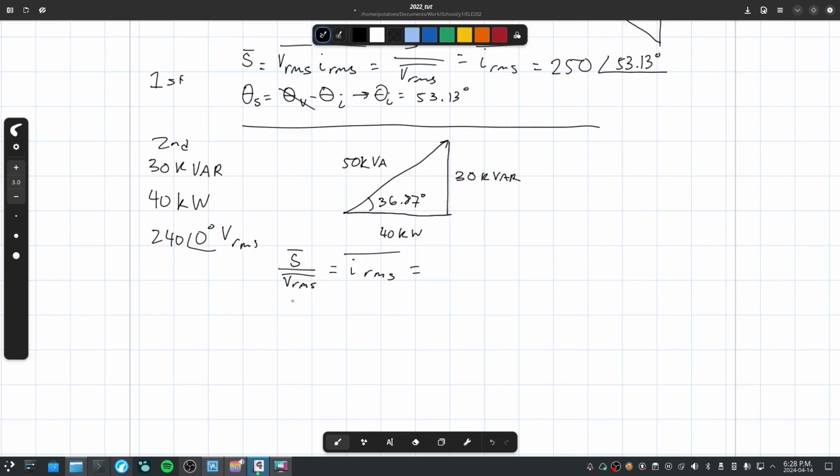S is 50,000 divided by VRMS, which is 240. And you get 208.33. And again, theta S is equal to theta V minus theta I. Theta V is 0. So therefore, this is negative 36.87 degrees.